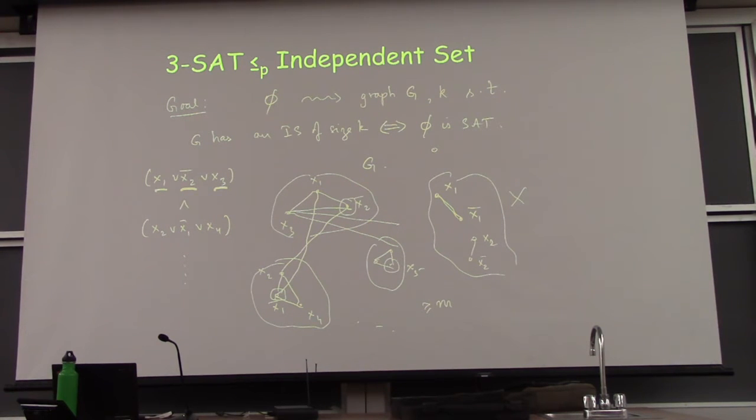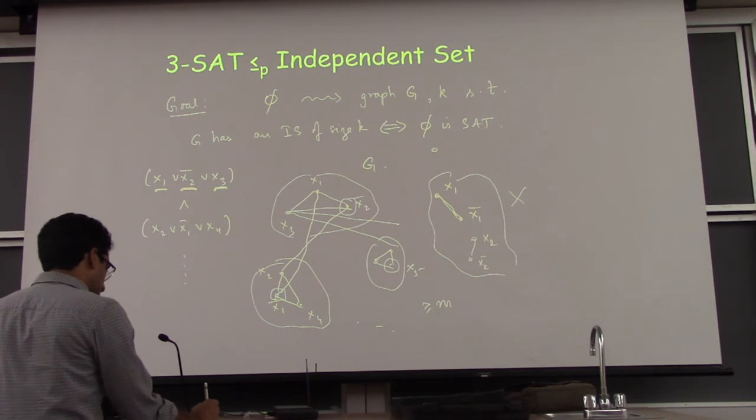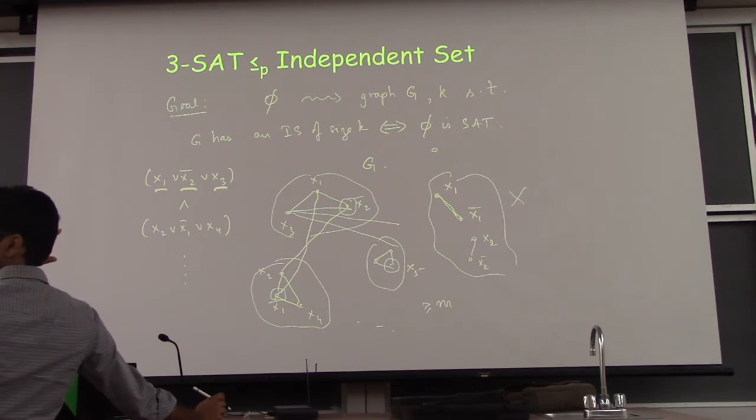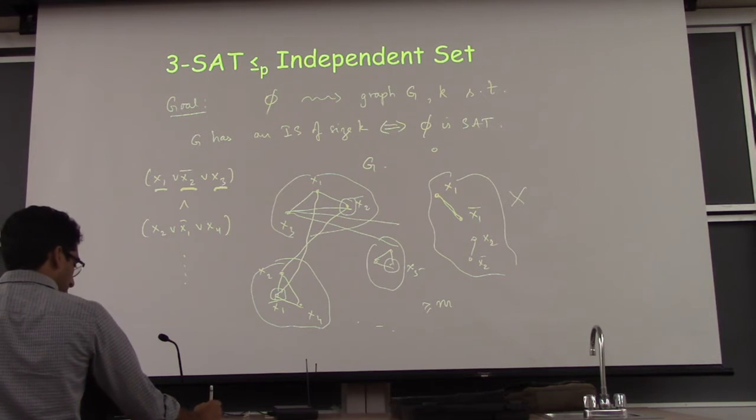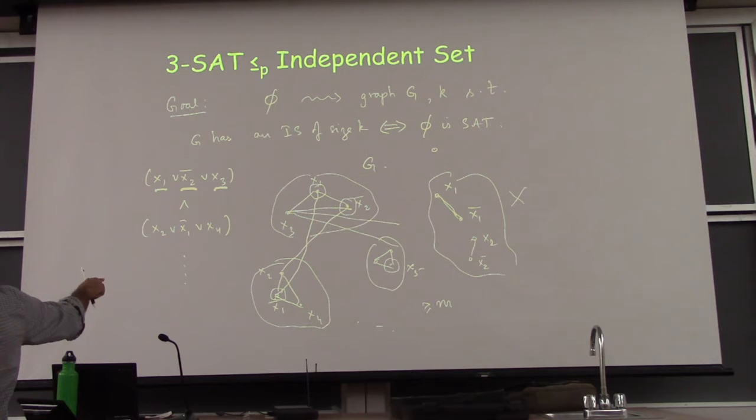Right. So what I'm saying is, if you can find an independent set of size m, then firstly you agree that there has to be exactly one from each clause. So maybe I picked x1 from the first one. But now in the second one I could not have picked x1 bar because there's an edge between x1 and x1 bar.